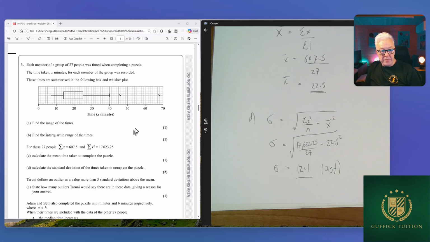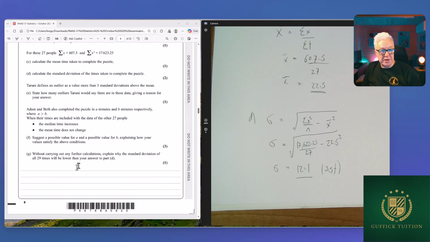So we've done part A, B, C, and D. Now, v defines an outlier as a value that is more than 3 standard deviations above the mean. State how many outliers v would say that there are in these data, giving a reason for your answer.